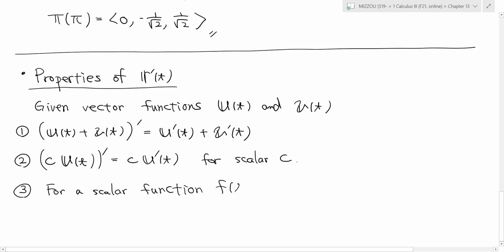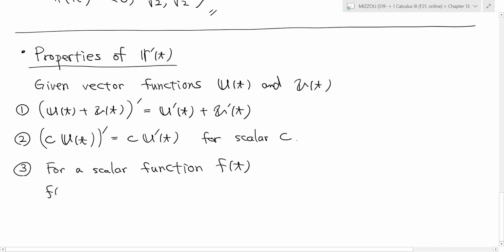In order to distinguish a scalar function from a vector function, we emphasize that by saying scalar function. That means this is a function whose value is a scalar. If you multiply a scalar function to u of t and take the derivative, that's the same as you take the derivative of the scalar function times u of t, plus the scalar function times the derivative of u, like this.